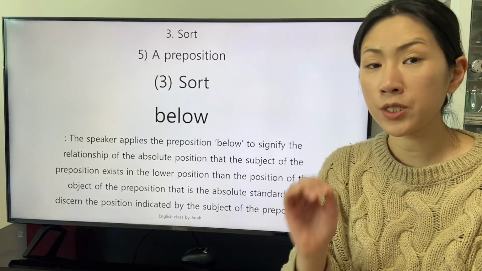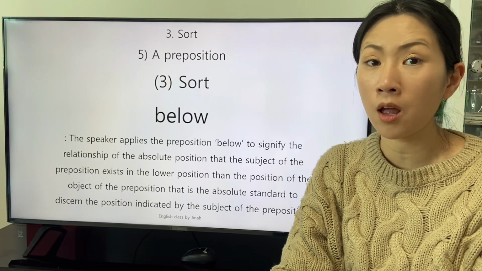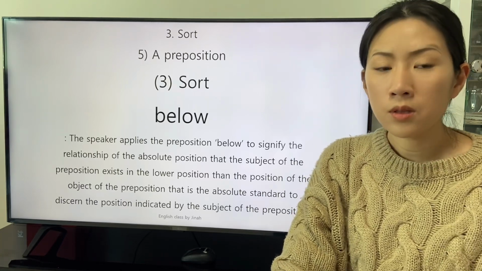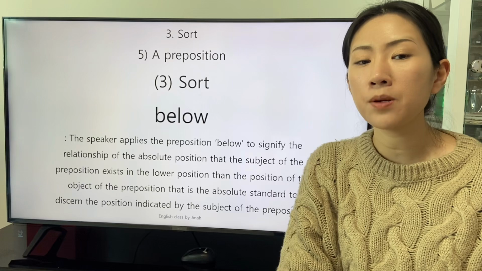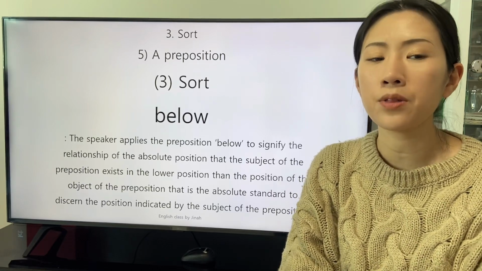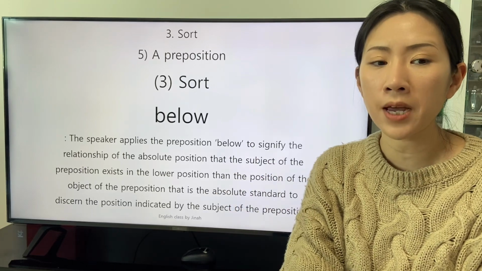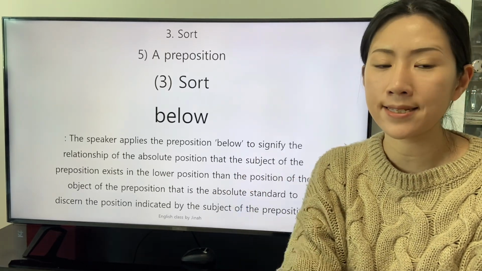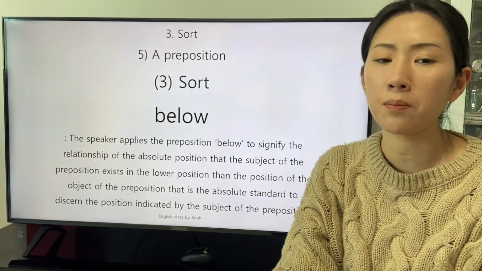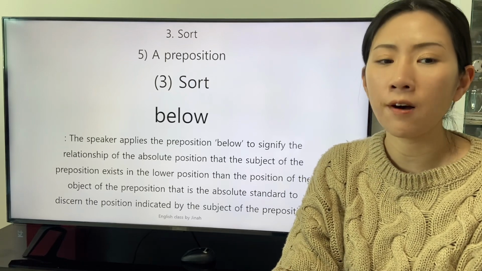The next preposition we will study is the preposition below. The speaker applies the preposition below to signify the relationship of the absolute position that the subject of the preposition exists in a lower position than the position of the object of the preposition.